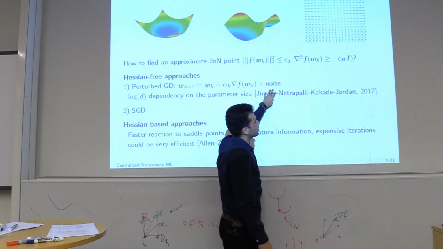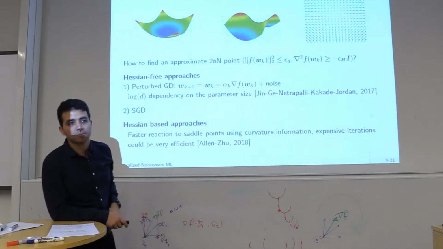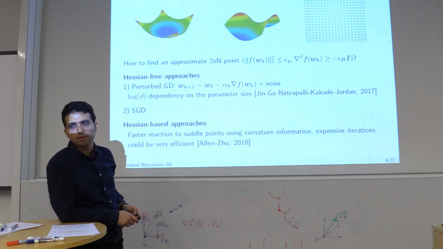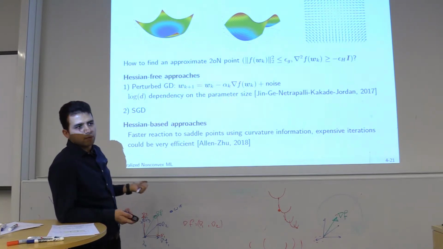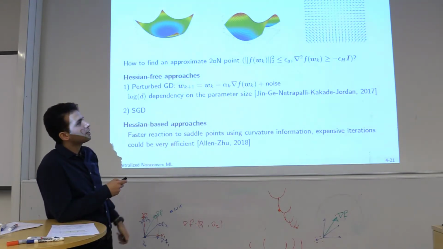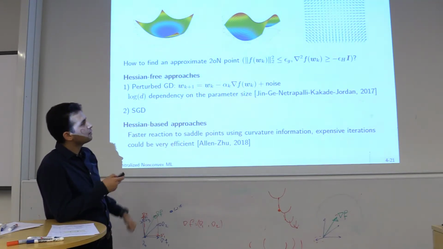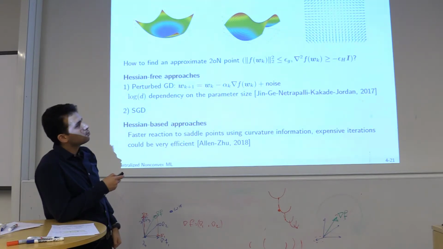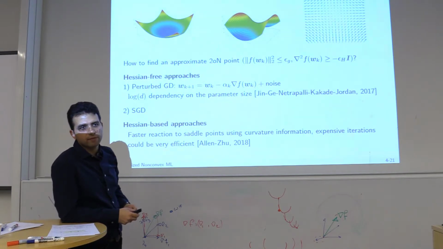So this vanishes plus some noise. I'm just randomly adding some noise sometimes, not always. What would happen? I just added some noise. If the noise is somewhere here, then I'm running that again, and I'm again converging to that point. But if just by random, this noise happens to move W towards somewhere here, then we escape the saddle point, right? Very easy.